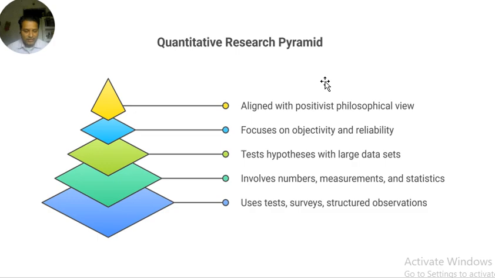Tools like surveys, tests, and structured observations are used in these methods. These methods give clear, measurable results and are often connected to a scientific way of thinking known as the positivist or post-positivist paradigm.